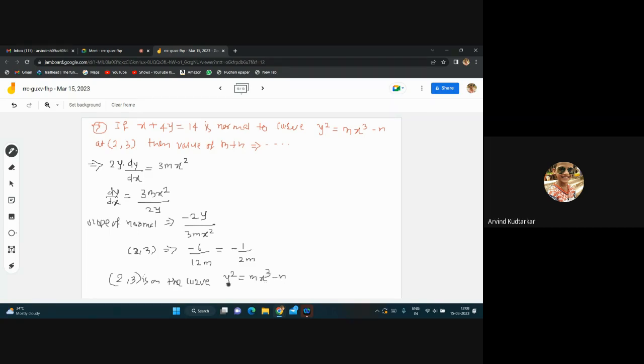So the point (2, 3) is also on the curve y square is equal to m x cube minus n. So what do we get? y square is, y is 3, 3 square is 9. x cube means 2 cube, that is 8m minus n. So 9 is equal to 8m minus n.